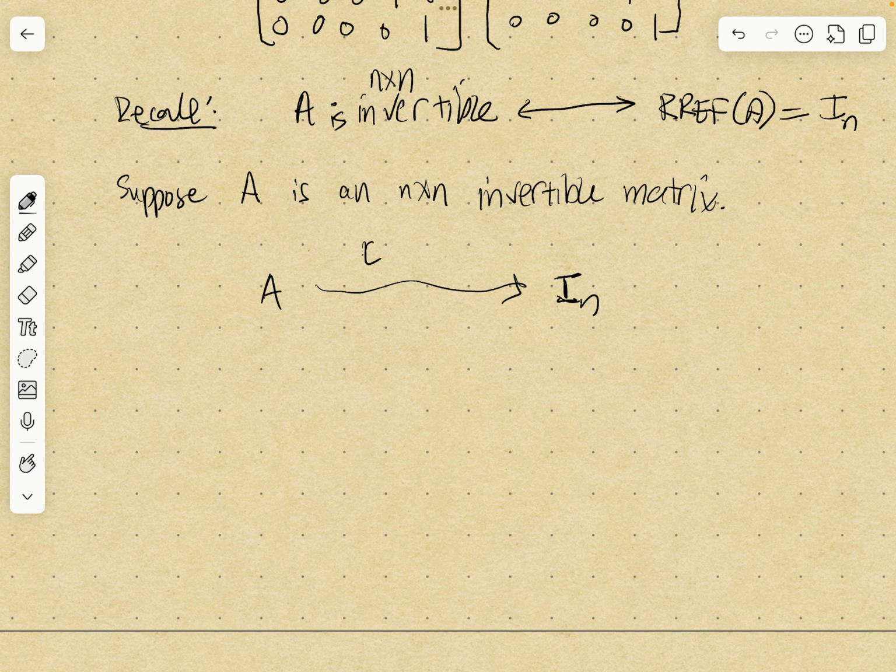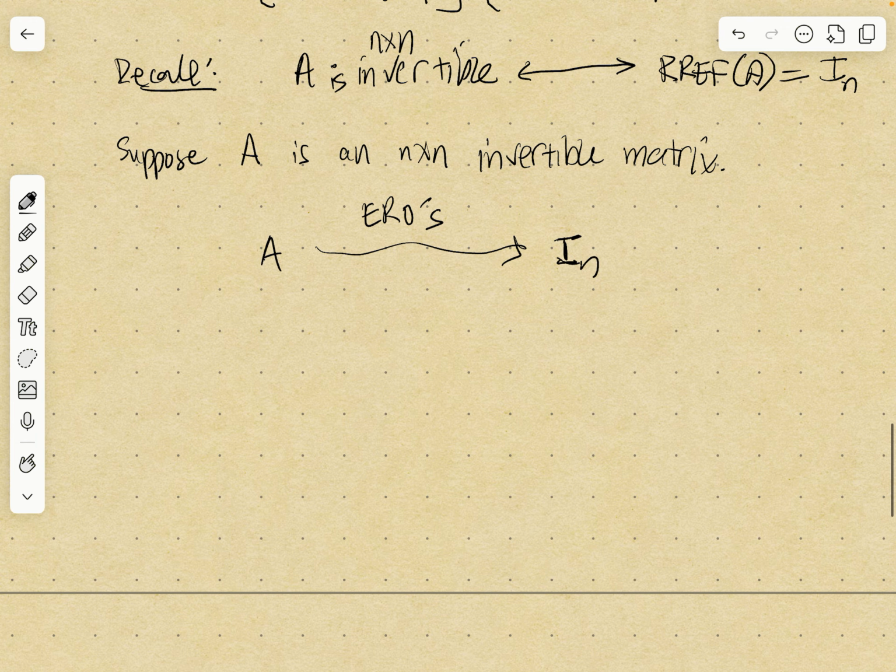And remember that getting a matrix into its reduced row echelon form consists of applying a sequence of elementary row operations, in a certain order. And we just talked about how doing an elementary row operation is like multiplying A on the left by an elementary matrix.